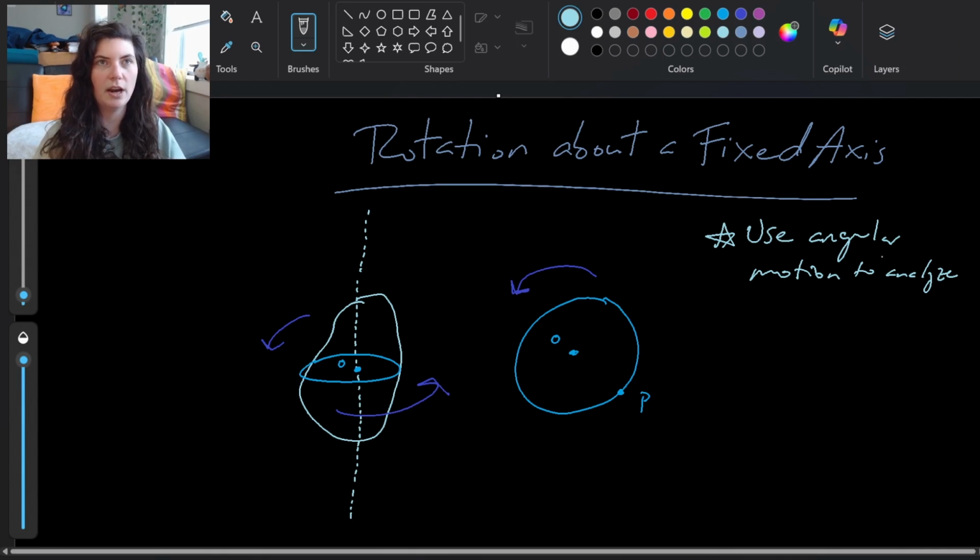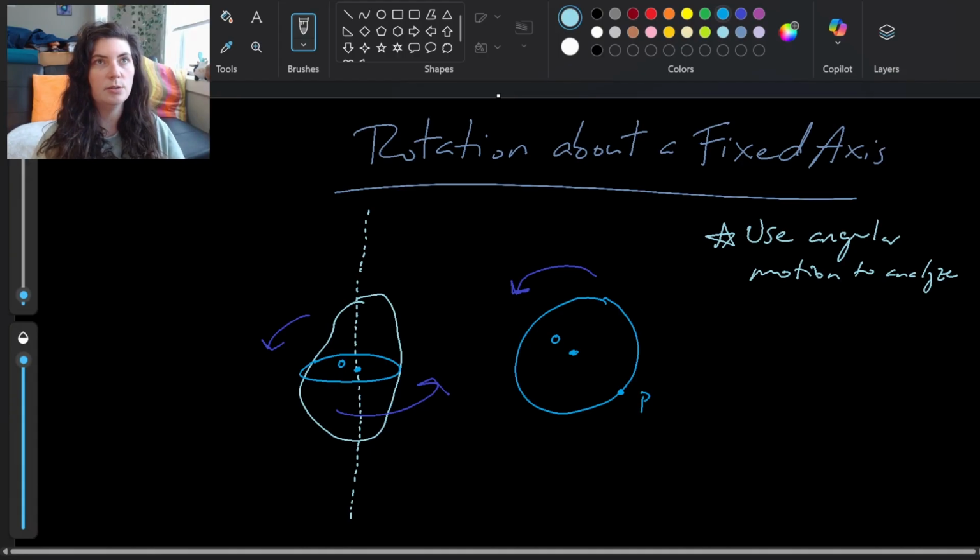We may remember from physics our angular motion as angular position, angular velocity, angular acceleration, and we've got some special symbols for those.